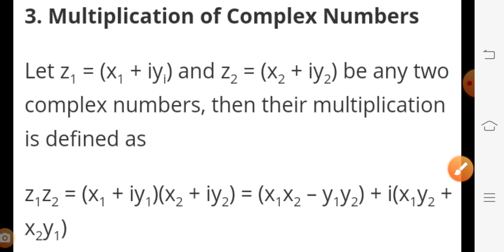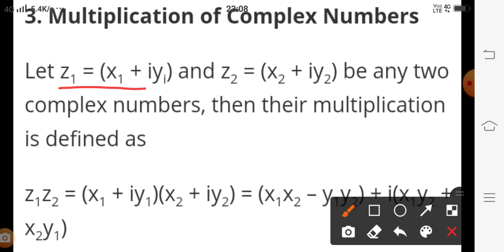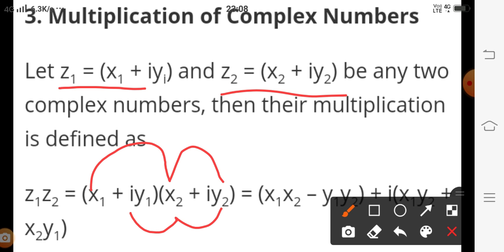Then the multiplication we have: if you are taking the complex numbers z1 and z2 as x1 plus i y1 and x2 plus i y2, and you are multiplying these two, then x1 is multiplied with these two terms, and i y1 is also multiplied with these two terms.